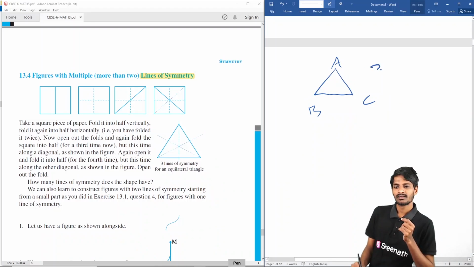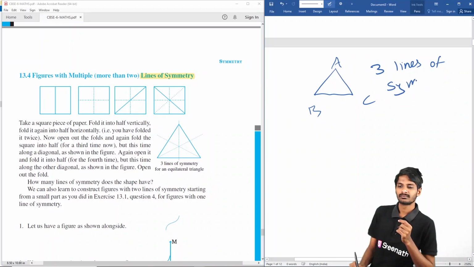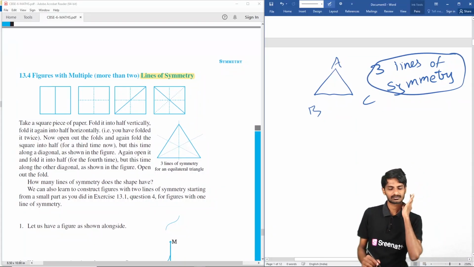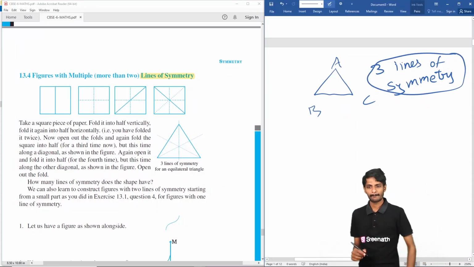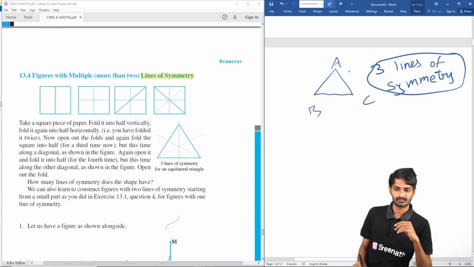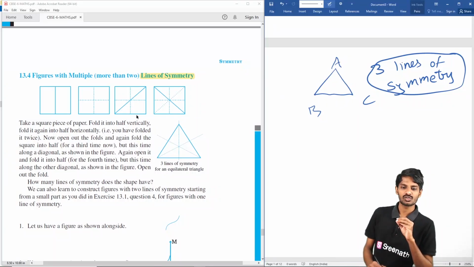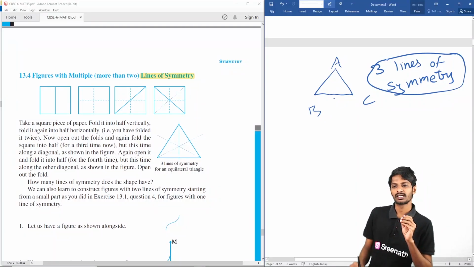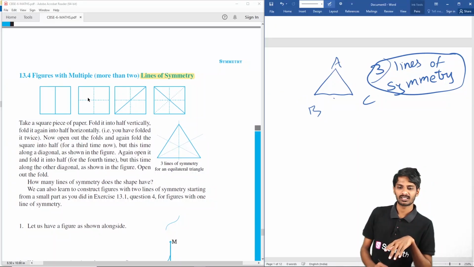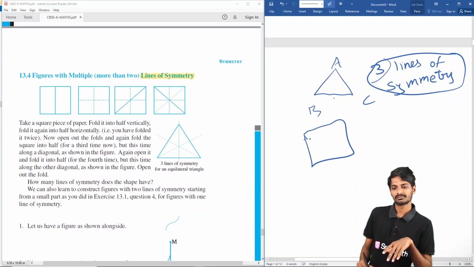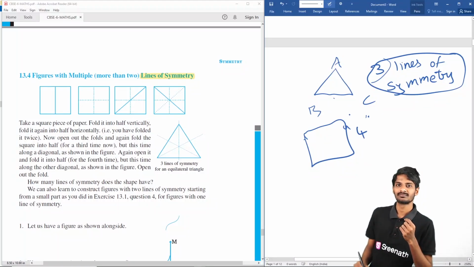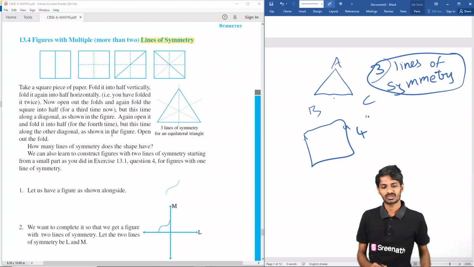So you are getting 3 lines of symmetry. Like that it happens, students. So for this triangle you get 3 lines of symmetry, and for that square you get 4 lines of symmetry.